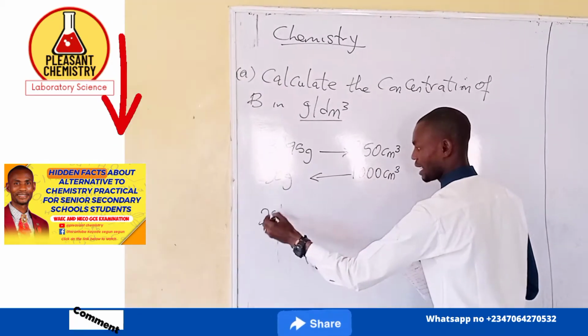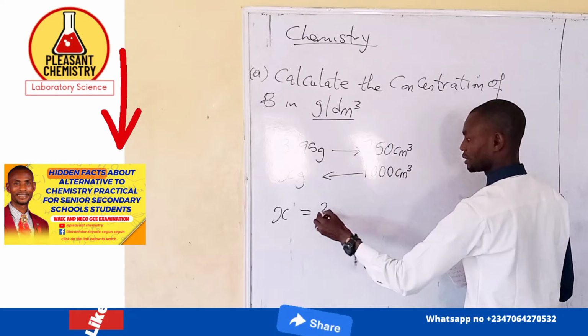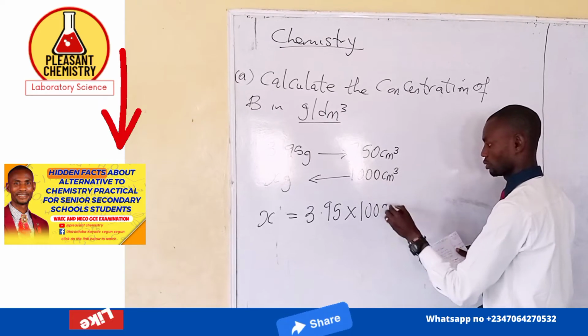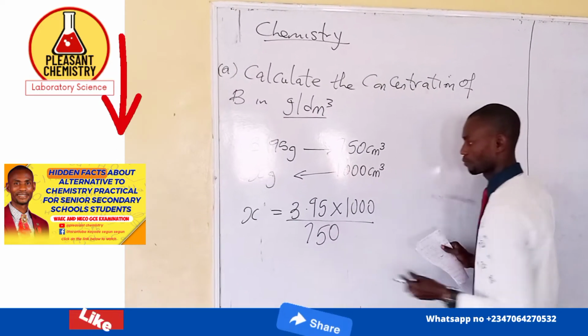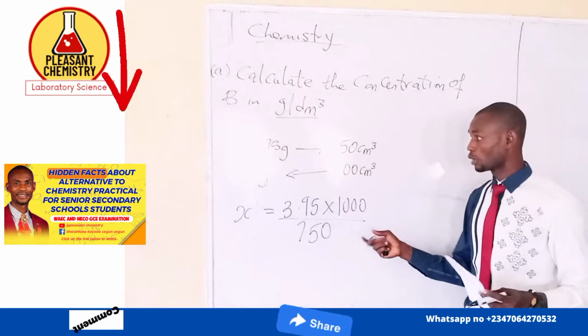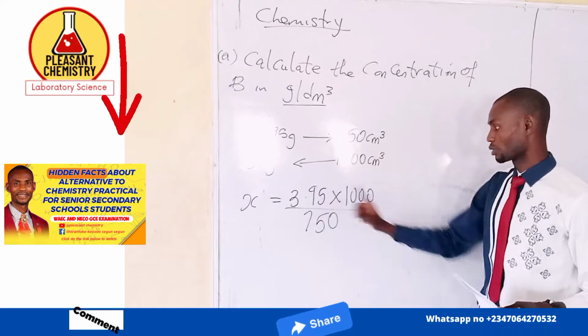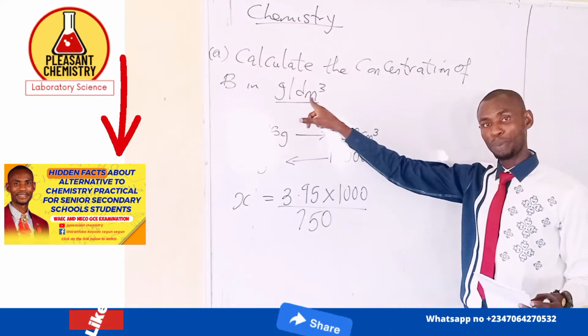So that will be S is equal to, we multiply 3.95 by 1000 divided by 750. So what we are doing here is that we want to convert this mass in 750 cm cube to 1000 cm cube, which is also the same thing as gram per dm cube.